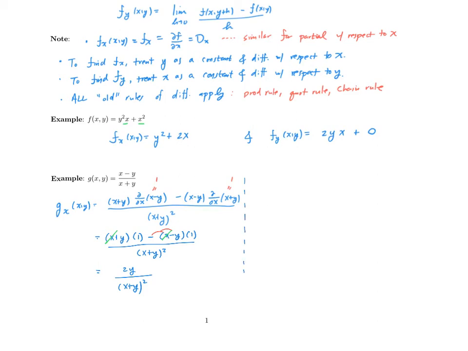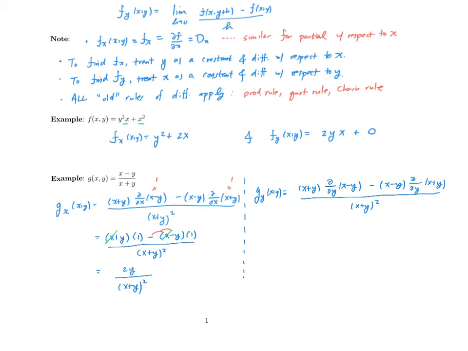And we can go ahead and do essentially the same thing with the partial with respect to y. So if you want to calculate the partial with respect to y, you would once again use a quotient rule. And the quotient rule tells you low d high, and that's a partial with respect to y, minus high d low, once again with respect to y, all divided by low squared.